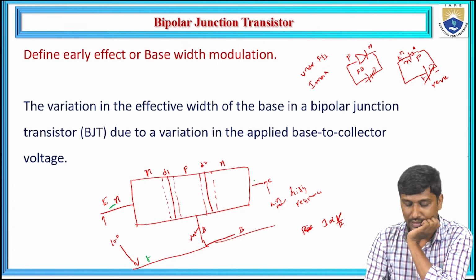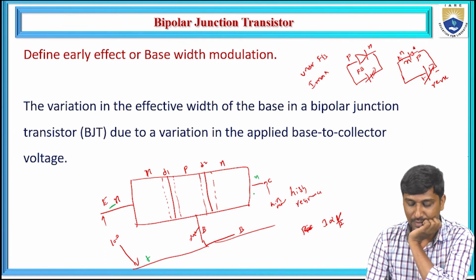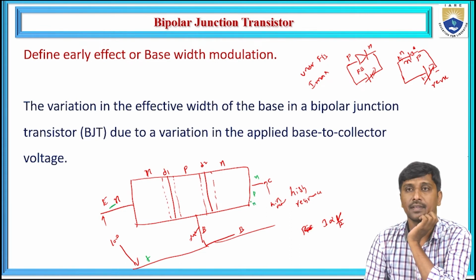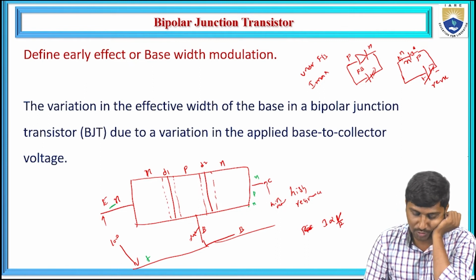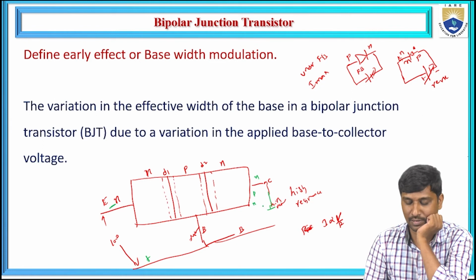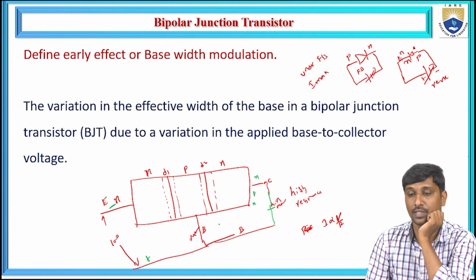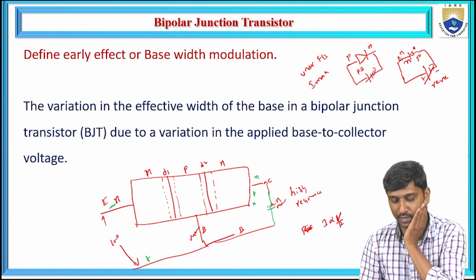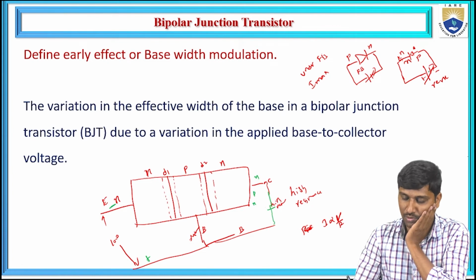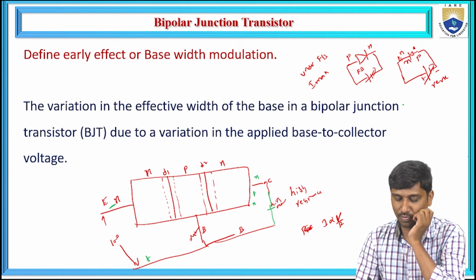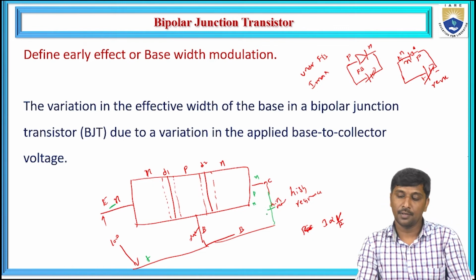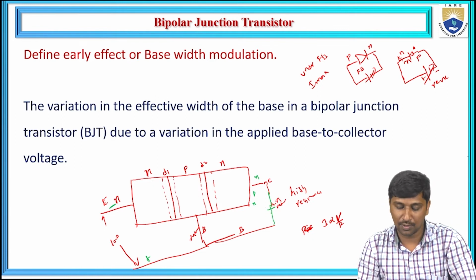So this is again N, P and N. For this NPN transistor, the N should be connected to the positive of the external source, and the P side is connected to negative.